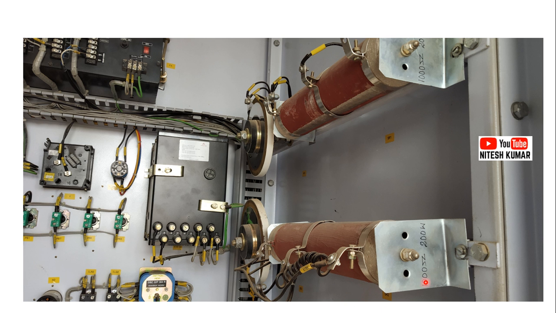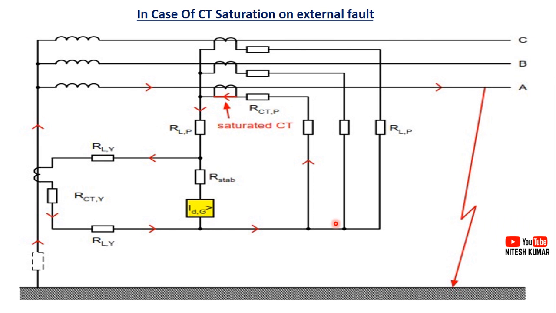Here it is also written 1000 ohm and 200 watt. Based upon calculation we have selected and used this stabilizing resistor. Here the same scheme is shown in case of CT saturation on external fault. Suppose there is an earth fault here and the CT gets saturated.